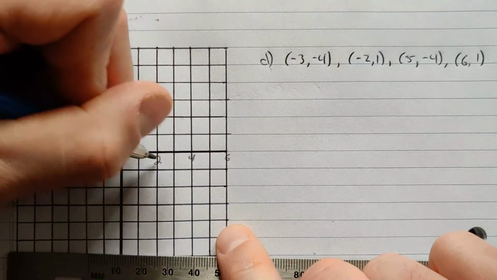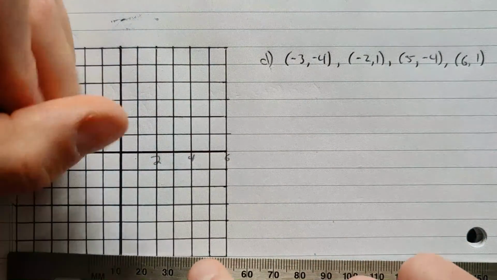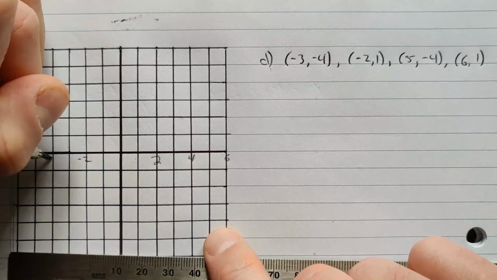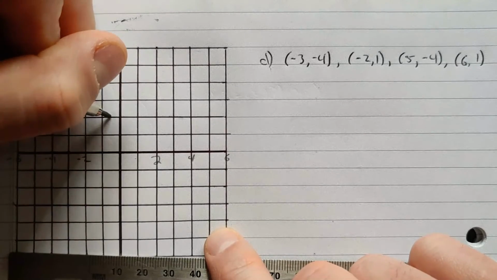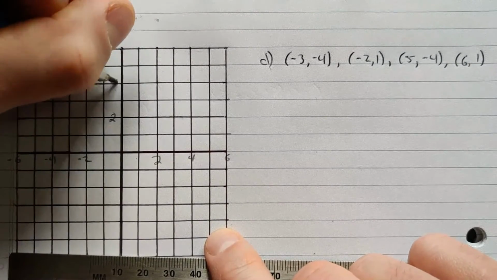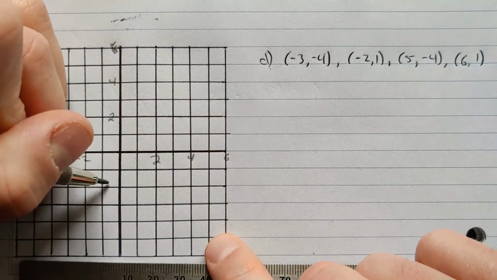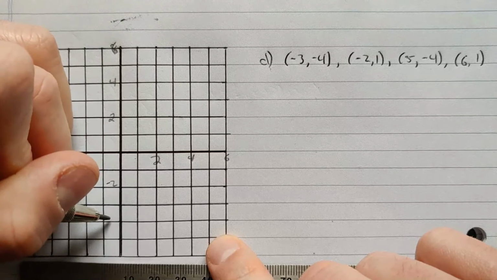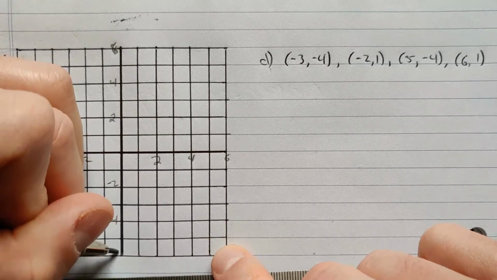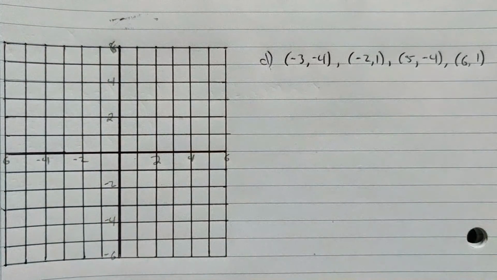So it's 1, 2, 3, 4, 5, 6. I'm just writing every second one, just so it's a little quicker for me to write out here. You don't have to label every line. Sometimes it's actually neater and easier to read if you label every second line on your grid.